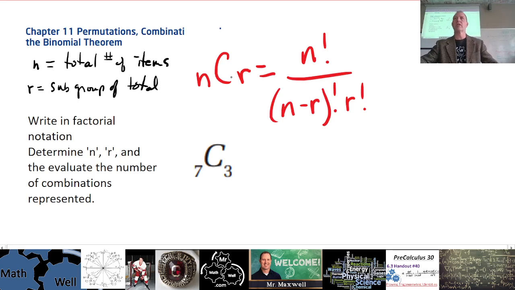So questions that could be answered using this combination formula would be like, if I have 20 students, how many different combinations of 3 students could I choose to come help me do something else? Well, it would be 20 choose 3. Right? So how many different groups of students could I do that?